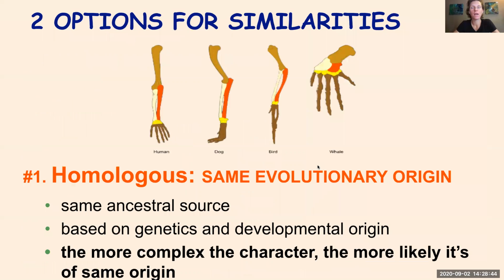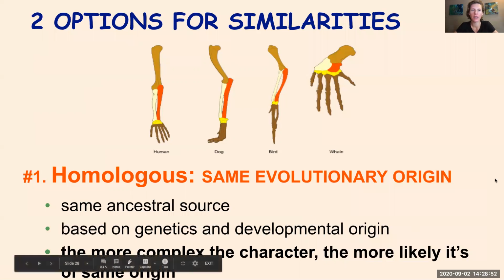Okay, homologous. We learned this in the previous chapter, but I'm going to ask you to know it again. Homologous means same evolutionary origin. This image is showing the bone structure in the limbs of animals: human, dog, bird, whale.